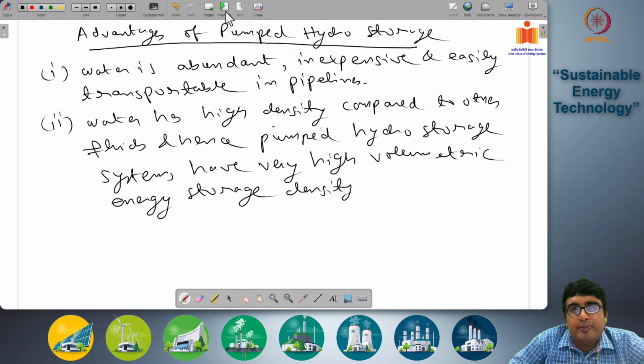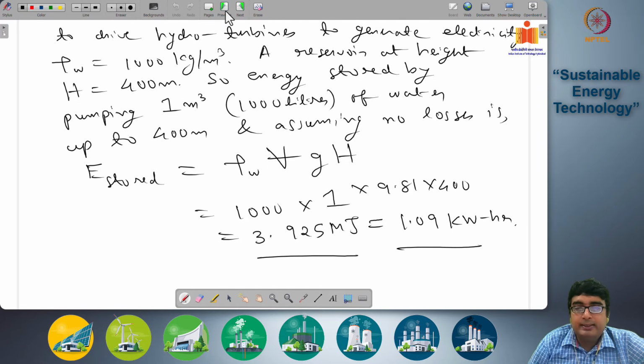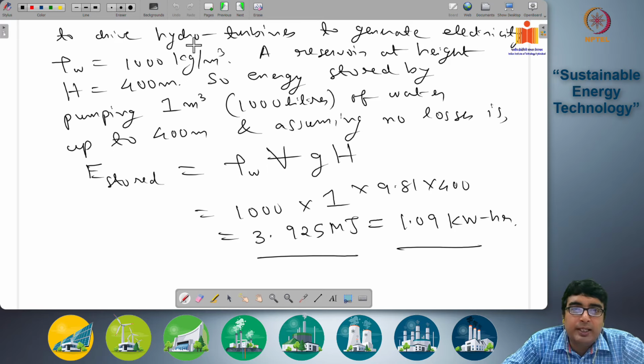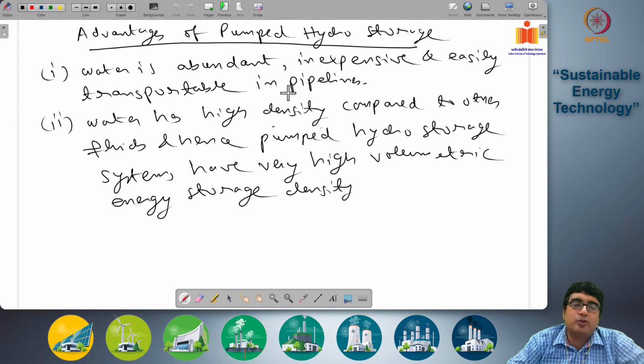So as we saw in the previous case, this 3.9 megajoules per meter cube of water is the energy density of the storage system, right? So it has a very high volumetric energy storage density. For just 400 meters of height, 1 meter cube of water will store around 4 megajoules of energy. It's one of the highest volumetric energy storage densities among the various energy storage systems.